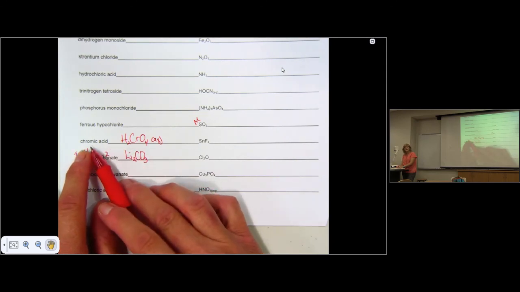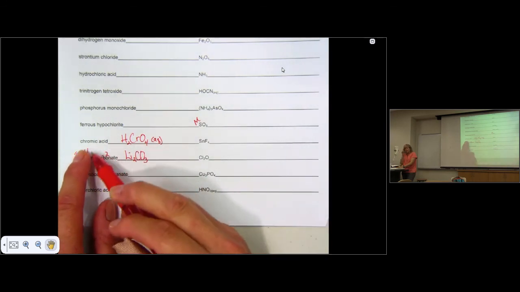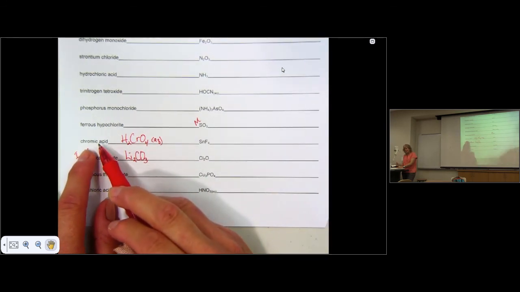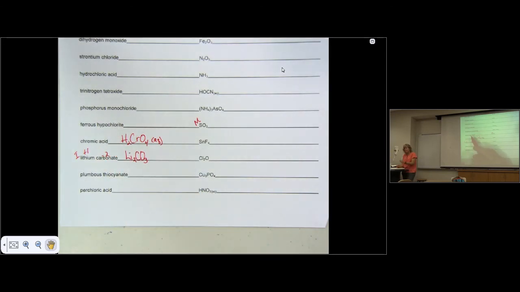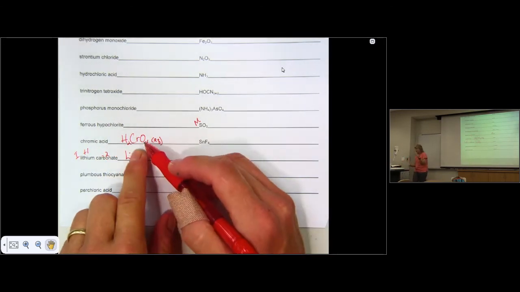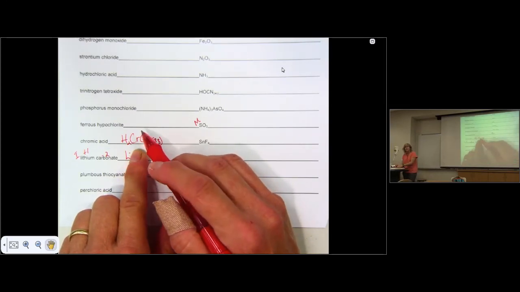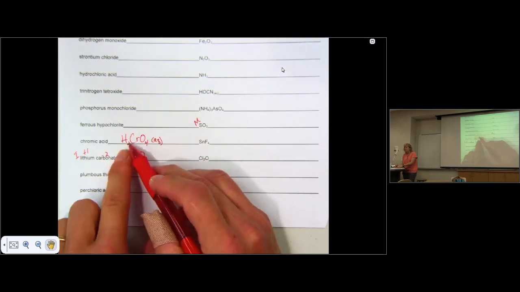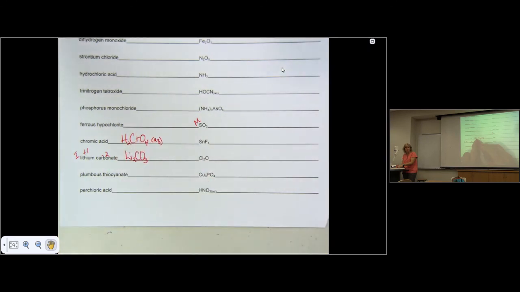As she was talking, I was writing, and she said chromic came from, say it, chromate, so I wrote chromate. And then she said chromate has a -2 charge, so I said it has to have 2 hydrogens.